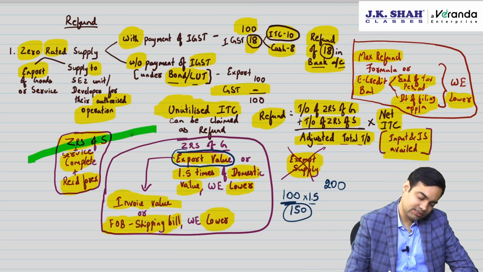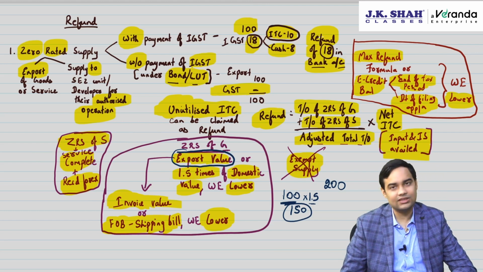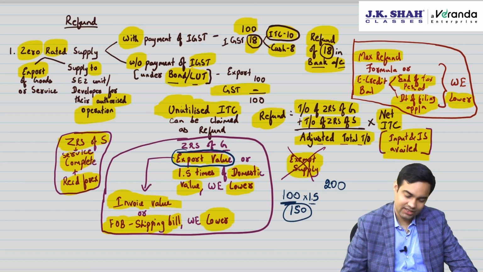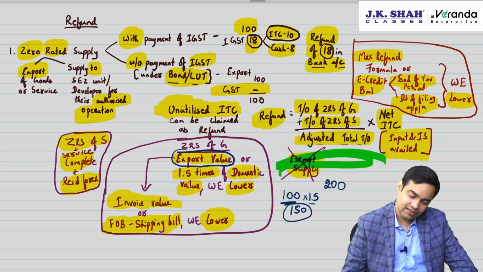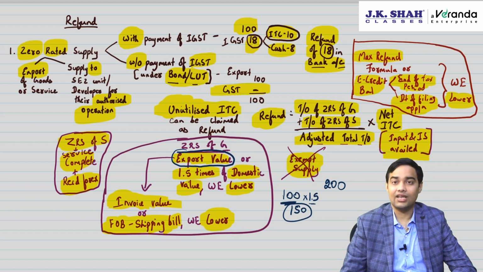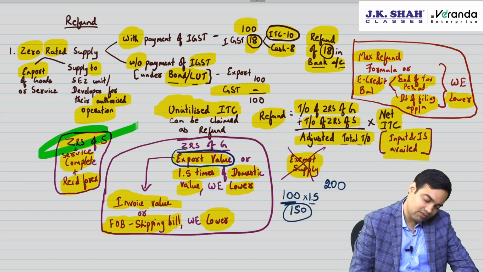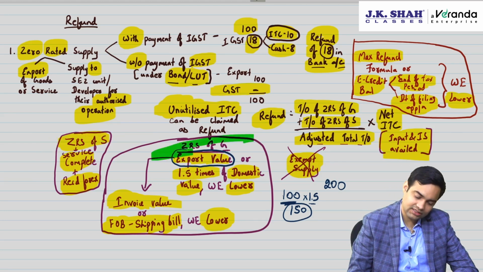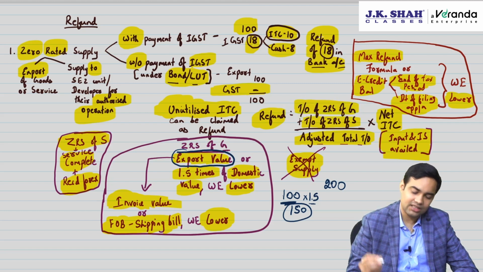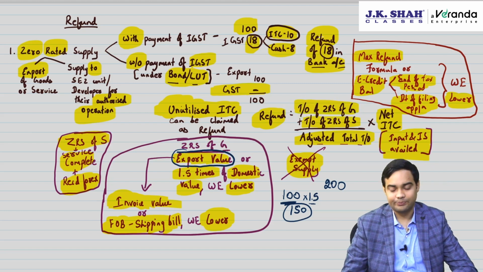ZRS of services is only when service is provided plus forex is received, when both the conditions are satisfied. Exempt supply is not included anywhere except when exempt is export. And remember, whatever you are using as ZRS of services and ZRS of goods in the numerator, same ZRS will be considered in the denominator.